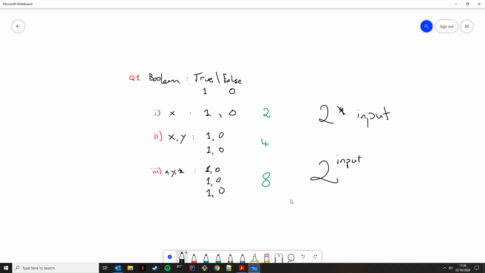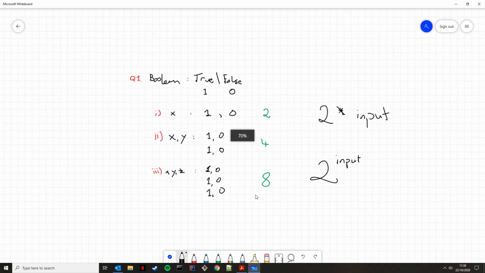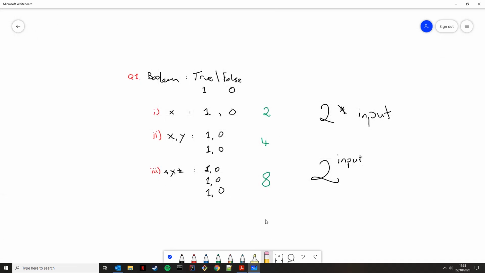But you have to show all the different possible combinations of the 3. Basically, when you're thinking of working in binary, it's always going to be 2 to the power. So you can actually delete these now.